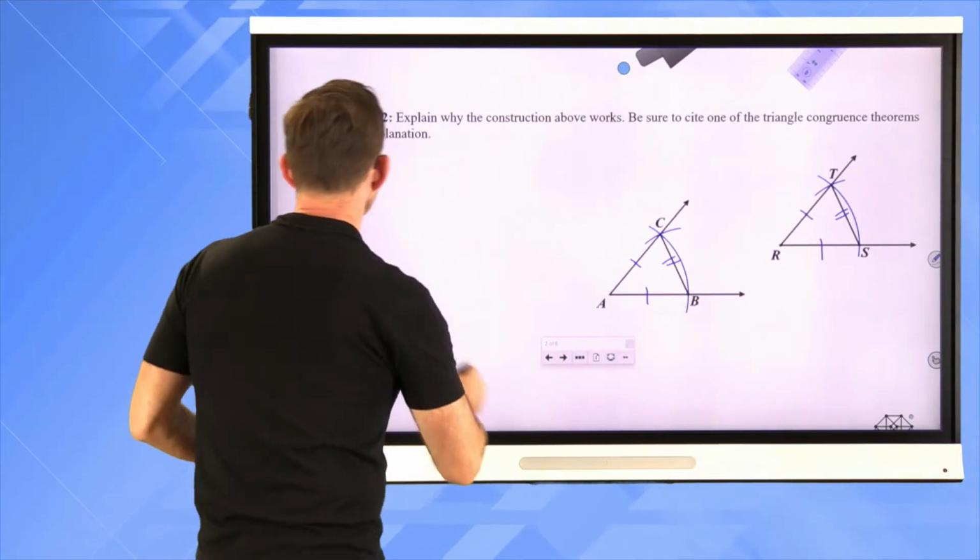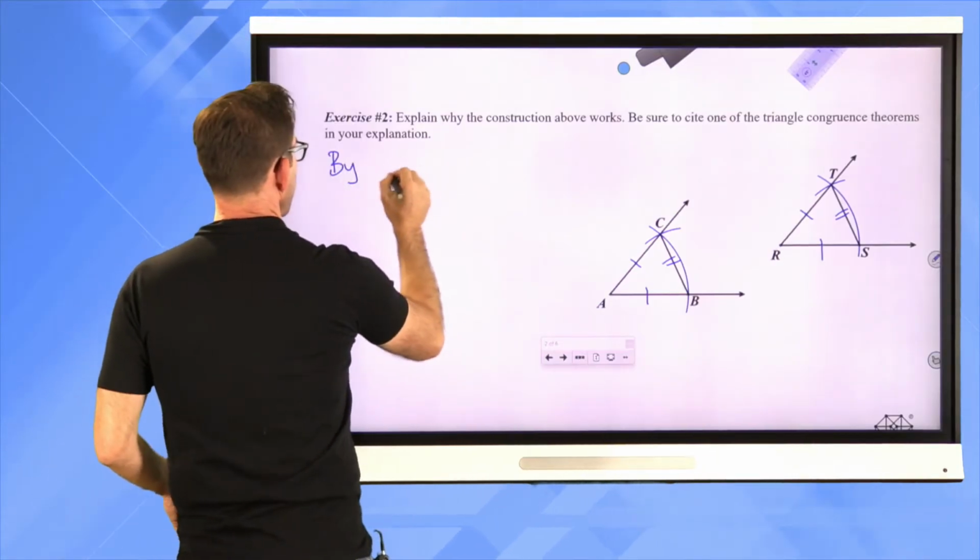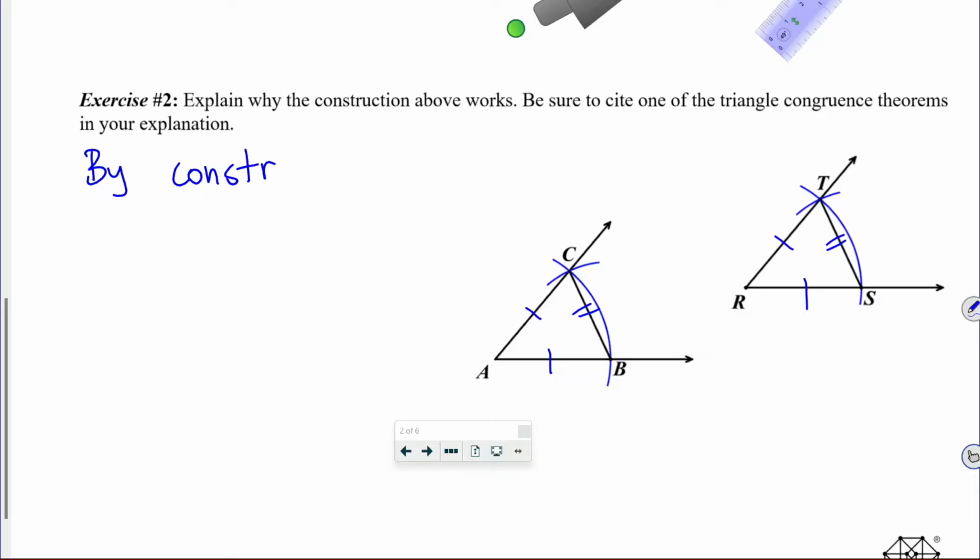So I can say, by construction, remember that from our last lesson, by construction, AB is equal to AC is equal to RS is equal to RT, right?